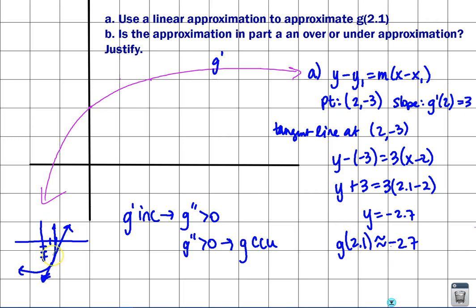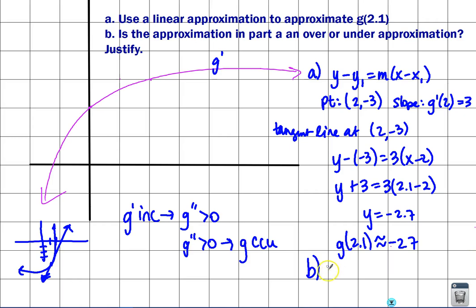What do you notice about where the tangent line is in relation to the curve? Obviously it touches it at the point (2, -3), but as you get further away, the tangent line is below the curve itself because it's concave up. So the answer to part B, is the approximation in part A an over or under approximation?